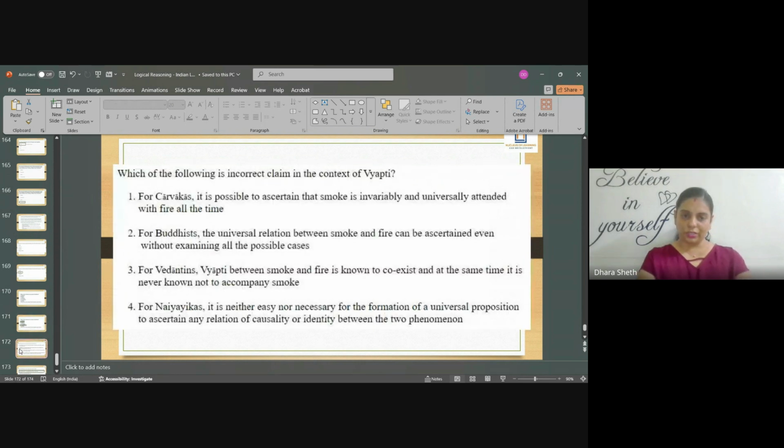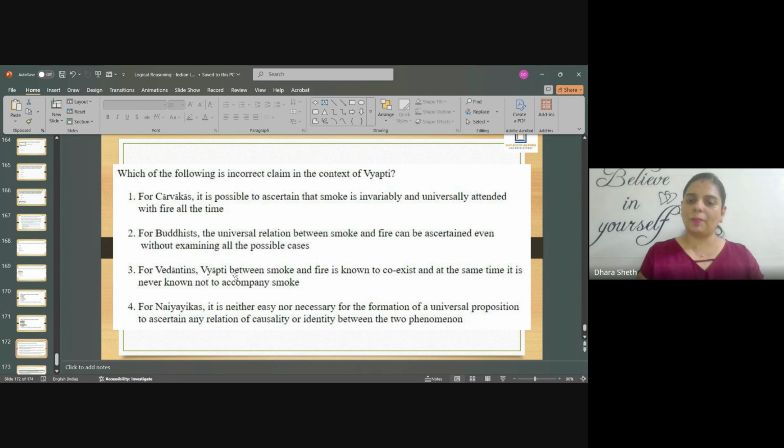And the last question. What is incorrect in the claim in the context of vyapti or inference? For Charvak, it is possible to ascertain that smoke is invariably and universally attended with fire. That is not correct. Why? Because if you remember in the starting of the session, Charvak do not accept any praman except perception. So they do not accept anuman. The rest of them are true. For Buddhists, a universal relation between smoke and fire can be asserted because they believe in anuman.